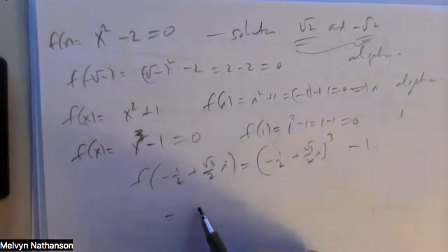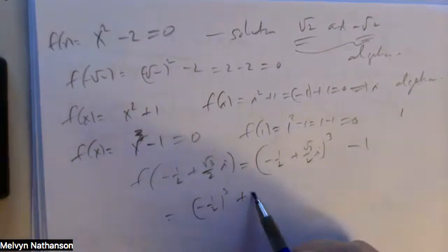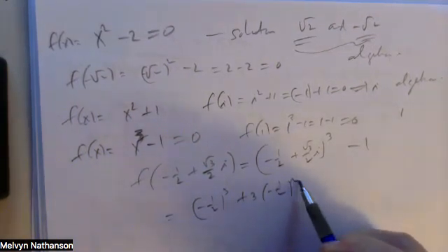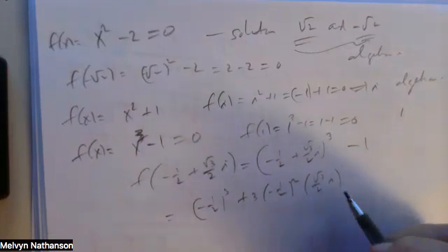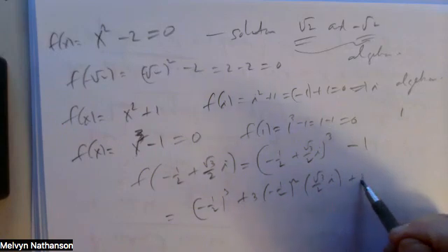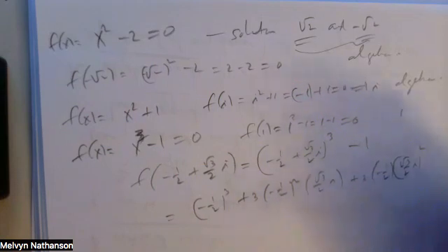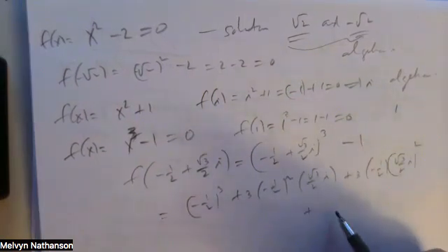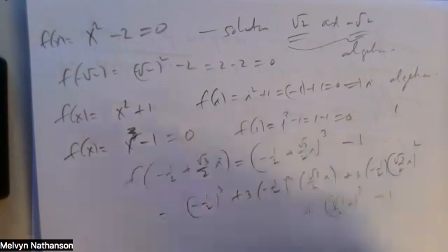If you cube this, you get minus a half cubed, plus 3 times minus a half squared times root 3 over 2 i, plus 3 times minus a half times root 3 over 2 i squared, plus root 3 over 2 i cubed, minus 1.